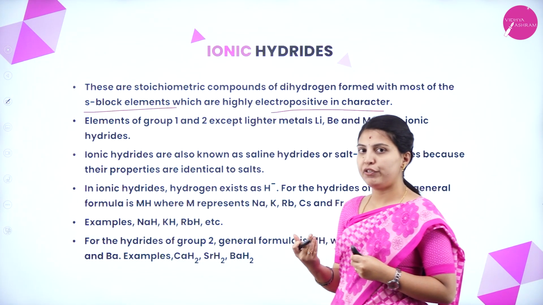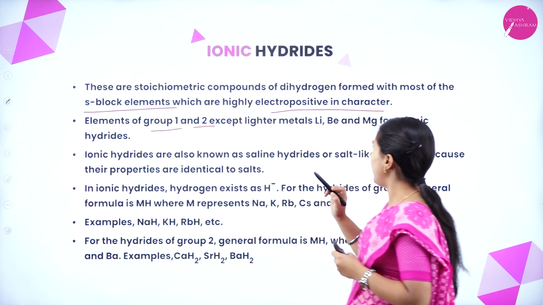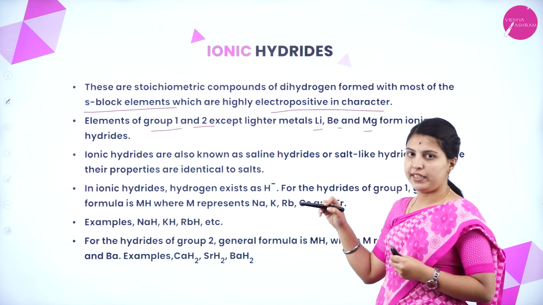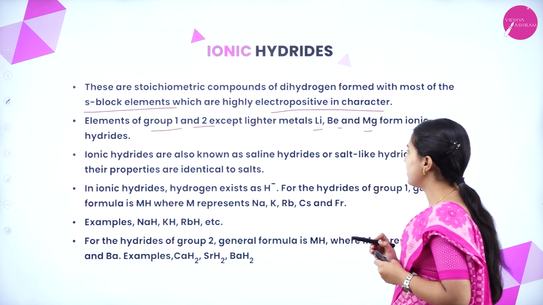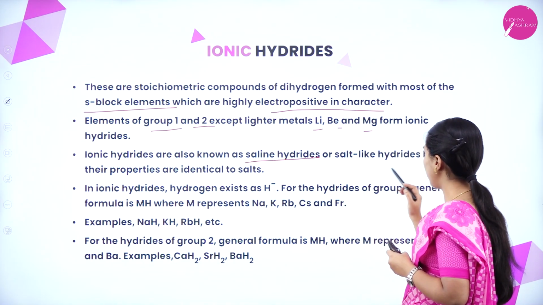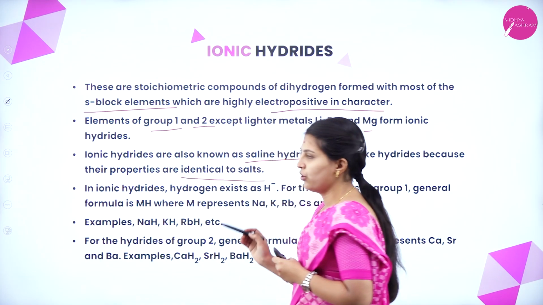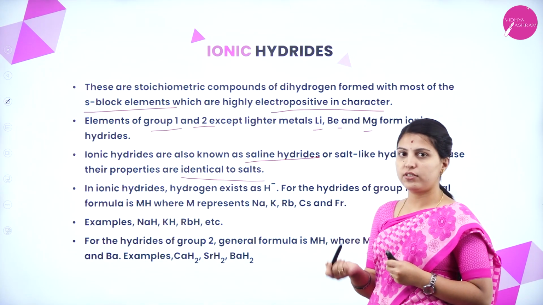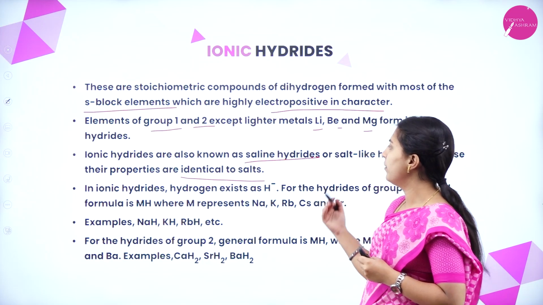Elements of group 1 and 2 except lighter metals like beryllium and magnesium form ionic hydrides. Ionic hydrides are also known as saline hydrides or salt-like hydrides because their properties are identical to salt.